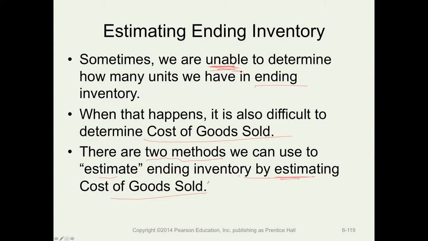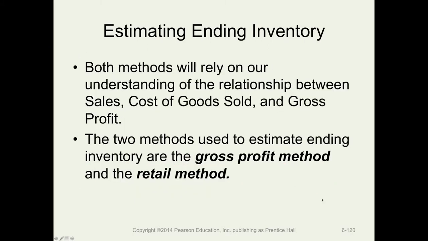So essentially, this is a reversal of the COGS formula. We will estimate cost of goods sold and then back into ending inventory, and that's true whether we're using the gross profit or the retail method.